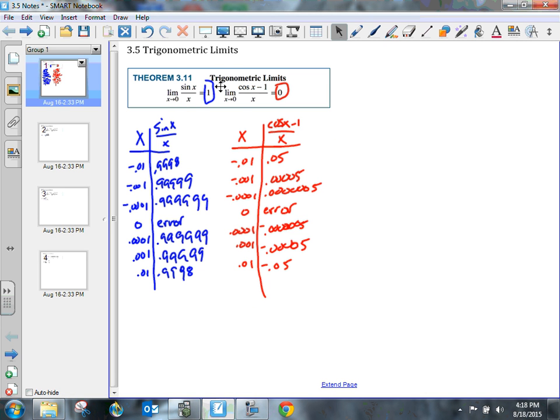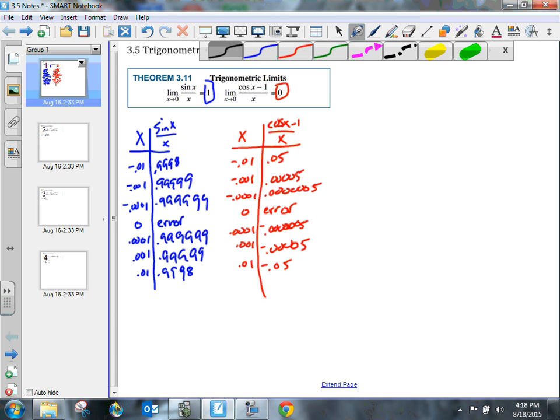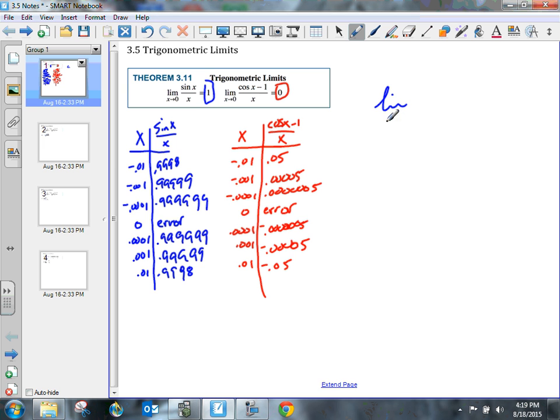But when we see trig limits that we're not able to evaluate by direct substitution, then we need to use some manipulation on them, and we need to try to get these trig limits, because these are the ones that we know. So the main thing I want to show you, this is the one that's going to pop up the most: the limit as x approaches 0 of sine of x over x is going to equal 1.